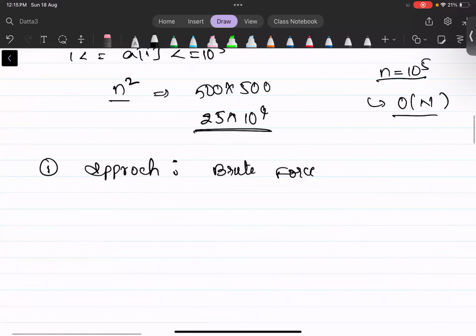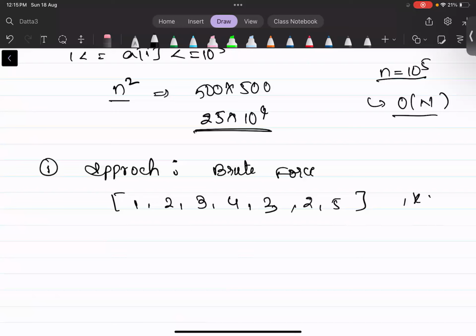Now, if 1, 2, 3, 4, 3, 2, and 5 is the original array and our k was 3, I'm going to run two for loops.